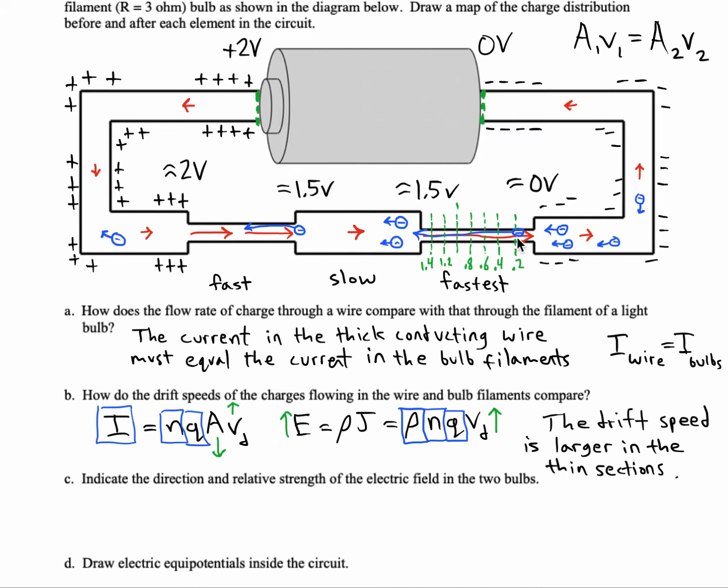Lots of equipotentials there because the potential is changing so rapidly and the field is so strong. Over here we can put our 1.6 and we need a 1.8 and our 2 is up there. Looks good.